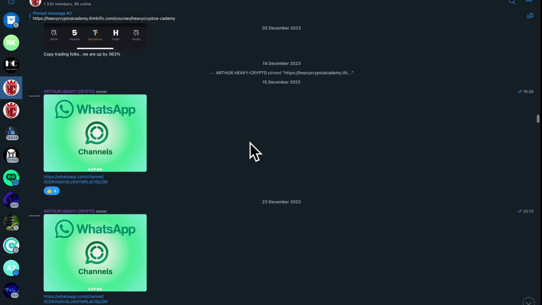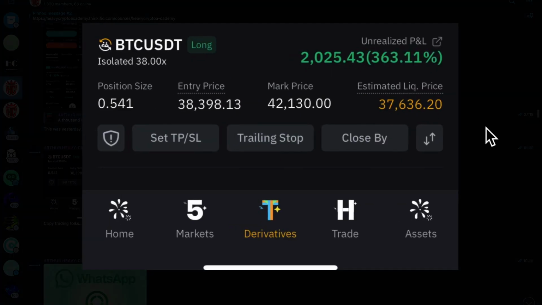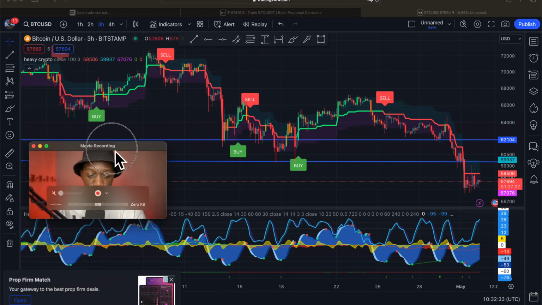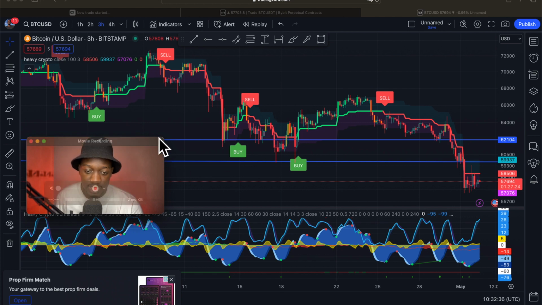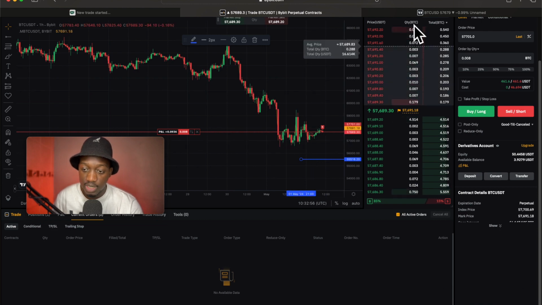So these are the tools that I use to make all these trades possible and make me passive income every day. Basically I use Heavy Crypto Indicator, and it tells me when is a good time to buy and when is a good time to sell. As you can see, I get these buy and sell signals whenever the price of Bitcoin is moving. So right now, for example, if I get a buy signal right here, I go to Bybit and put a long position, meaning that I'll be making money when the price of Bitcoin is going up.